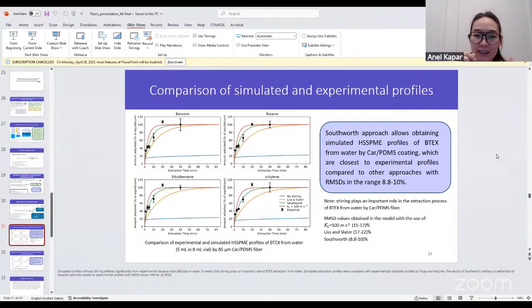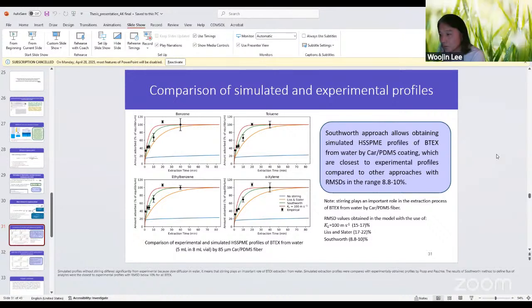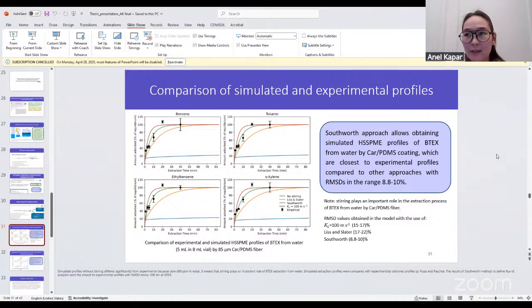In both, the extraction is from a headspace. Okay. Because of volatility of analytes and mass transport of analytes differ from water to headspace and from soil to headspace, but the final extraction is from a headspace.